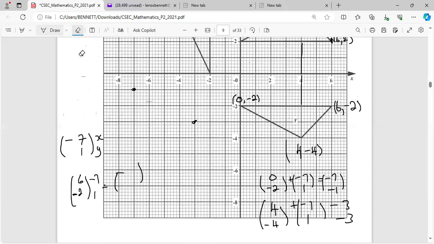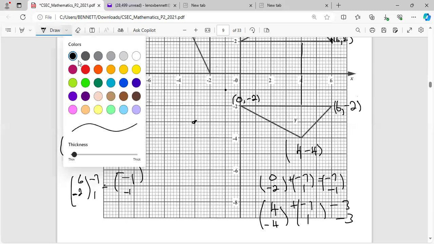So we have +6, so that's -1. And of course, this was supposed to be -2, so this is -1. So it's actually -1, -1. So this is right here. That makes sense now.